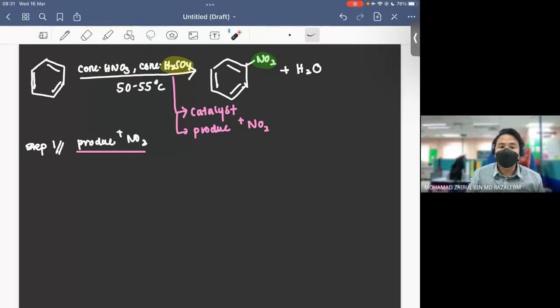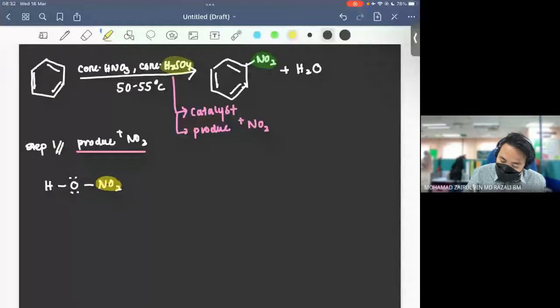So it means that the NO2+ itu terhasil daripada HNO3. So kalau saya expandkan ataupun saya tukarkan structure HNO3 tu jadi macam ni. Ini asal dia HNO3 lah. Cuma sebab saya nak hasilkan NO2, macam saya asingkan siap-siap structure tu.